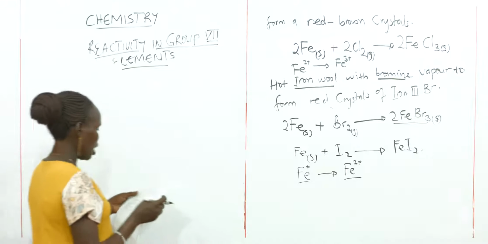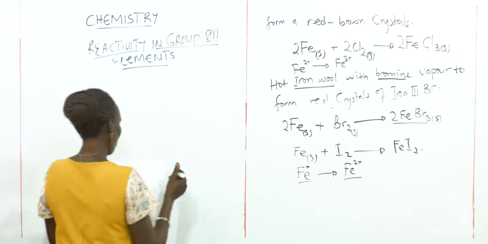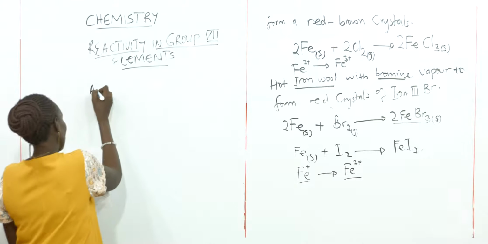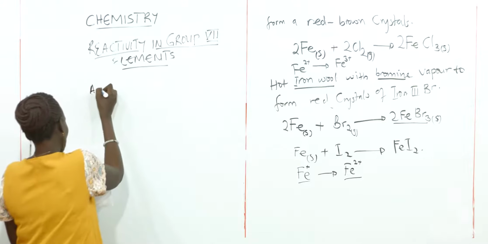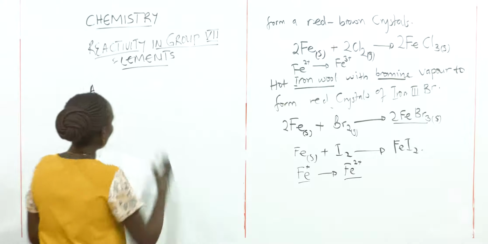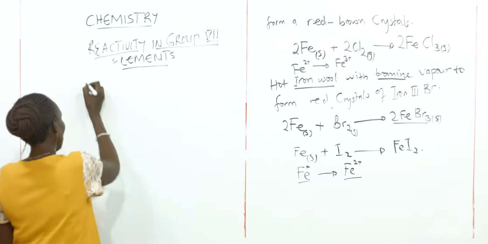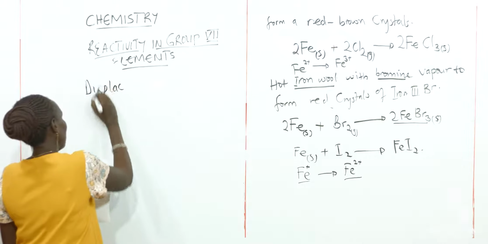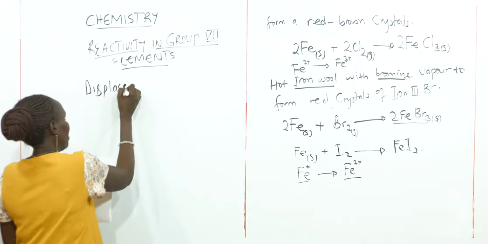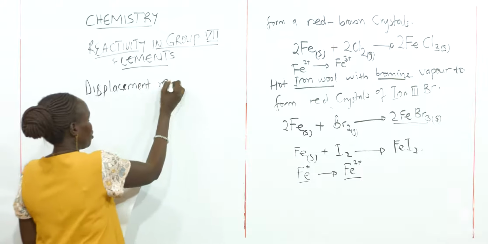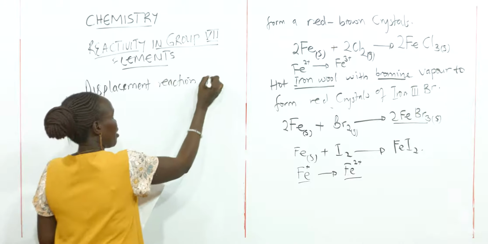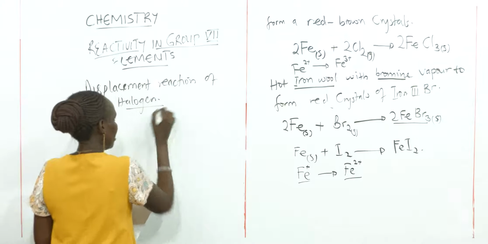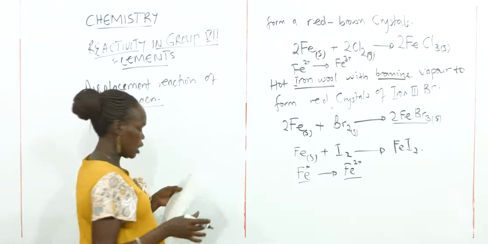So we are going to see that a halogen will displace the one below it in the group from its halide solution. The displacement reaction of halogens depends on the reactivity series of the halogen.